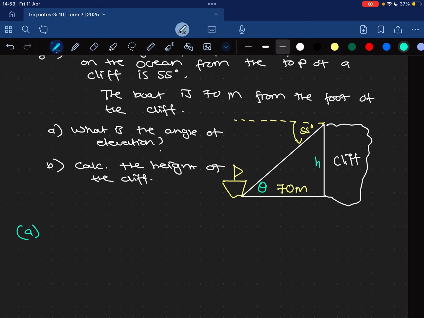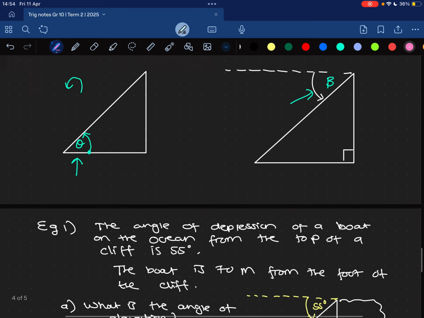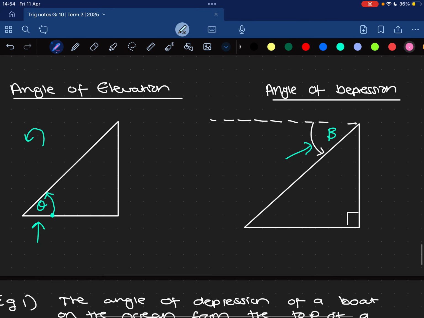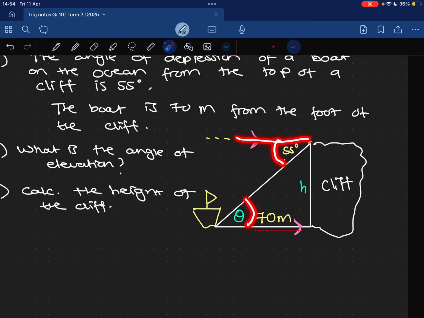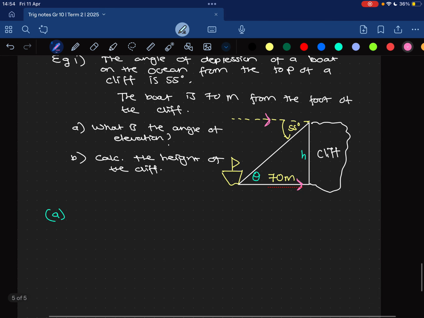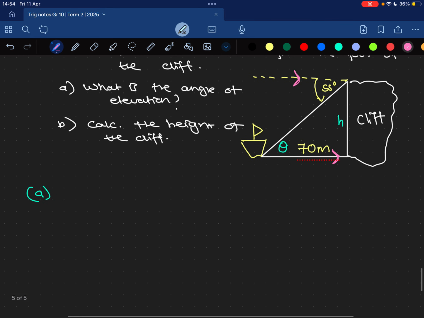Okay, so something that hopefully you can remember from last year, and I should have mentioned it actually a bit earlier, is that this angle of depression is going to be parallel to the base, those two lines. So if this line here is parallel to that line there, then hopefully you should recognize this from our grade 8 rules, the parallel lines.